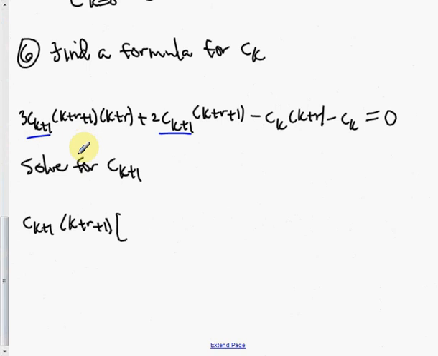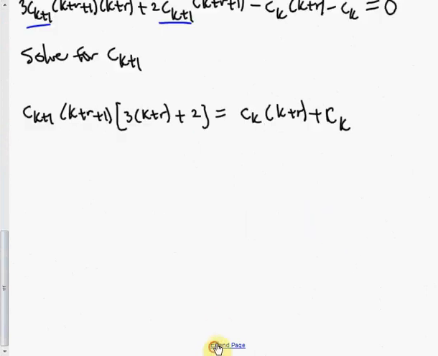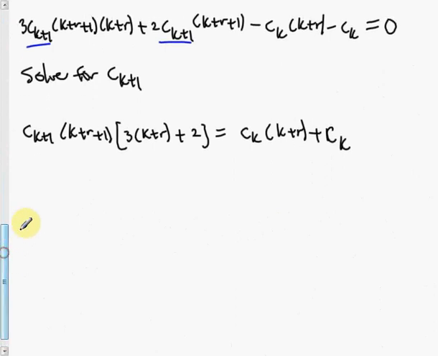Now I have left in brackets a 3 times parentheses k plus r, then plus that 2, and that's it. That's equal to here this c sub k times k plus r plus c sub k. Now let's simplify.